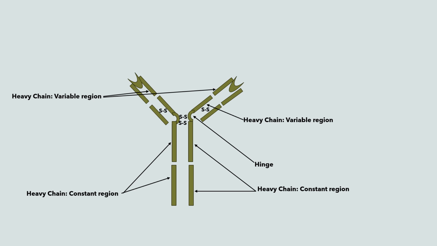So I put together this very simplistic diagram of the antibody, because I think it's always good to know what we're talking about, and I just wanted to quickly run through it. Antibodies are part of the body's adaptive immune system. They're produced by the B cells, and they are very selective and highly specific to their targets.